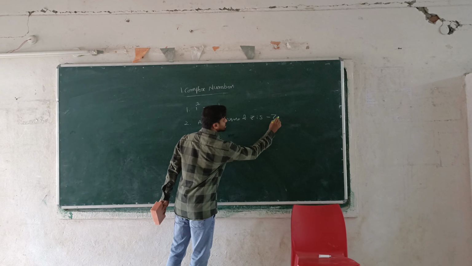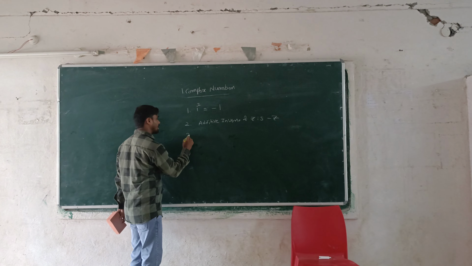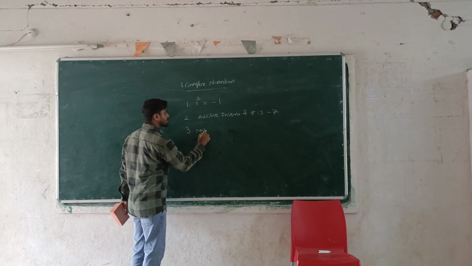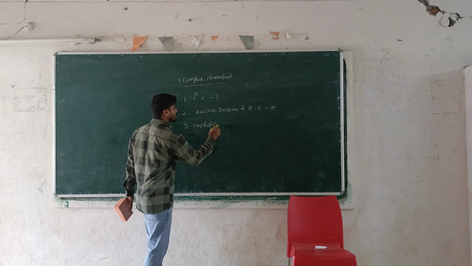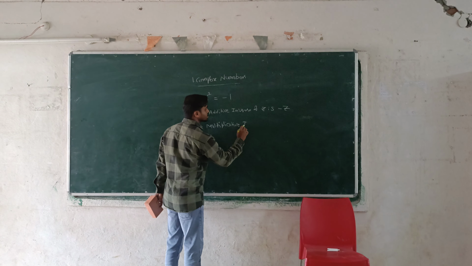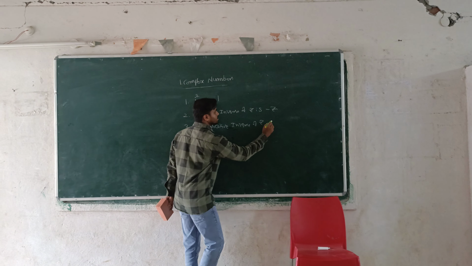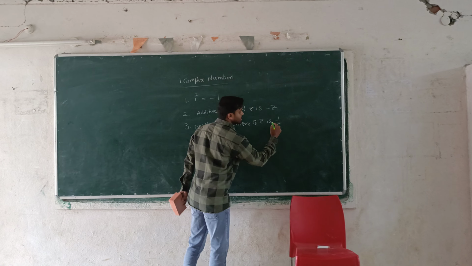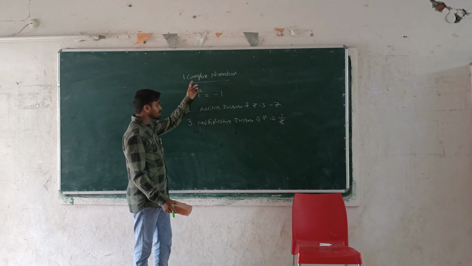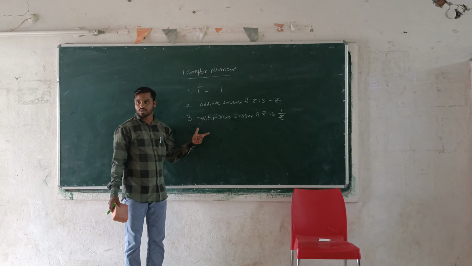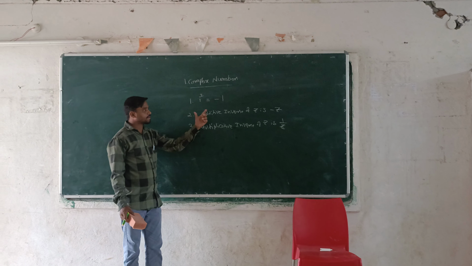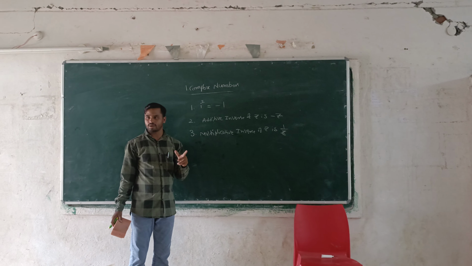Minus z. And the last one, multiplicative inverse of z is what? 1 by z. We will learn only these three concepts for today's session. So by using these three, we will solve exercise number 1.